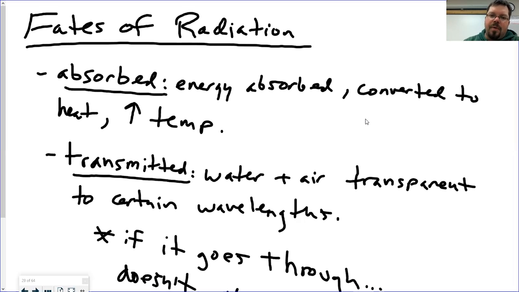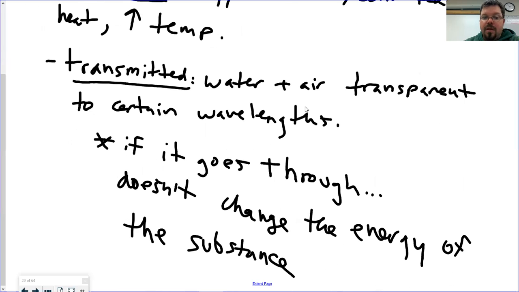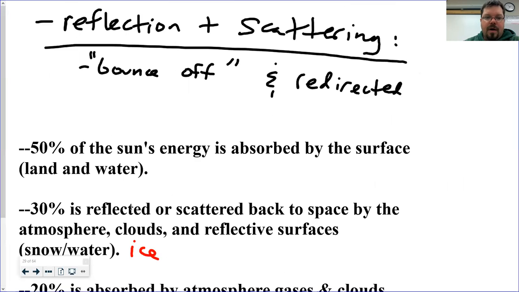All right, so we left off talking about the fates of radiation, wrapping up our conversation about radiation. Remember, the allotment of energy that our planet receives is through solar radiation. What ultimately happens with that radiation is it can be absorbed, transmitted, or reflected or scattered.